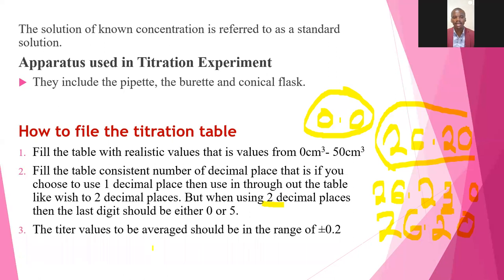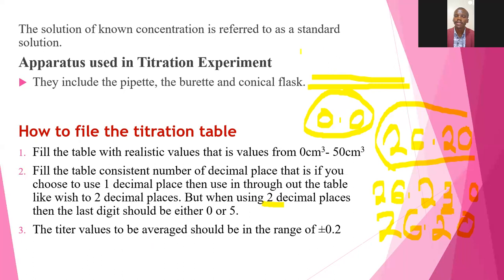Another one is the titre values to be averaged. Very much important. The titre values to be averaged should be within the range of positive or negative 0.2. This is the principle of averaging. The titre values are the last values in the table.